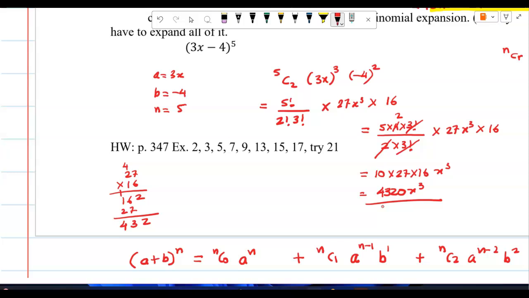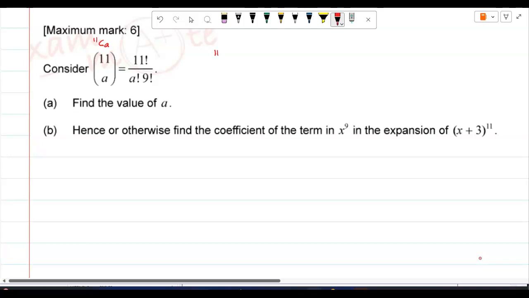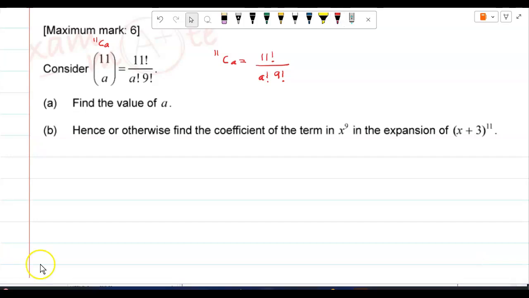And R. Okay. This is the old notation for 11CA. So basically they've given you 11CA is equal to 11 factorial, A factorial, 9 factorial. So I could do 11 times 10 times 9. What's the formula for NCR?